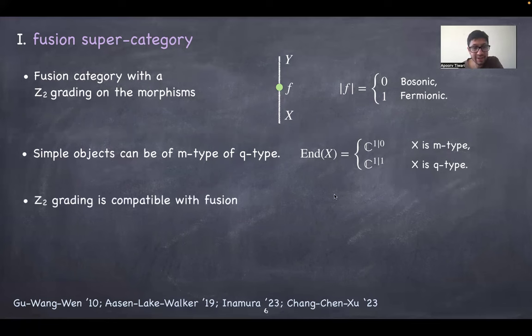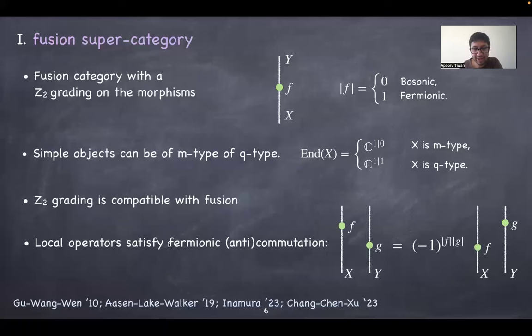And the Z2 grading has to be compatible with fusion. So if you take, say, two morphisms on a line and compose them, or two lines with morphisms on them and fuse the lines, then the fused morphisms have a Z2 grading, which is the sum of the morphisms that were fused.